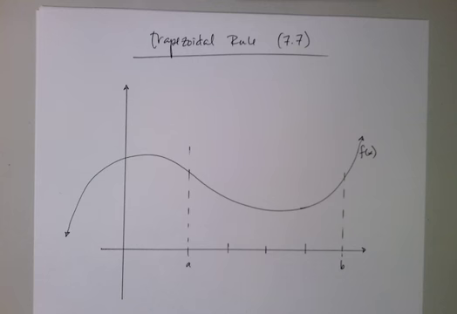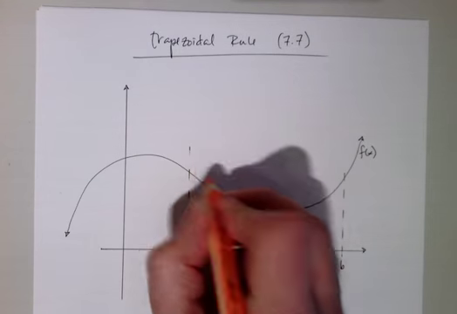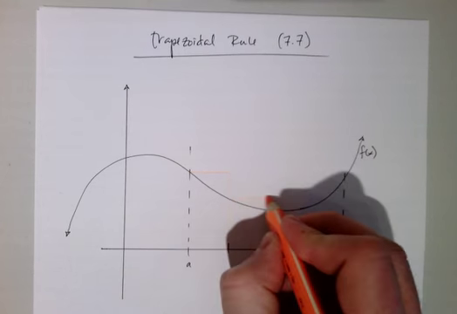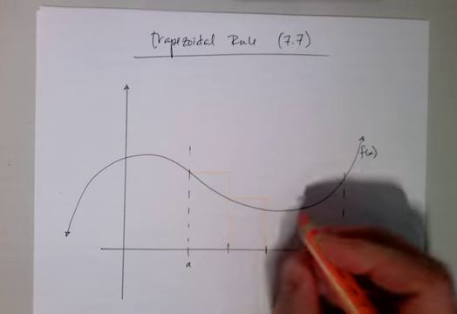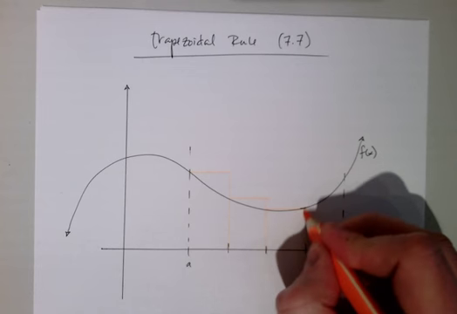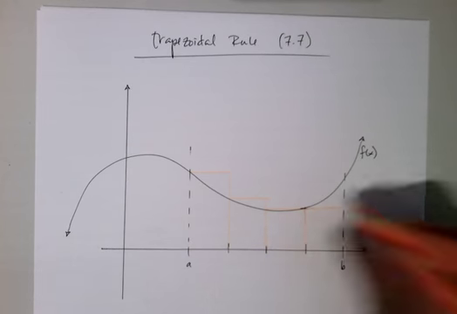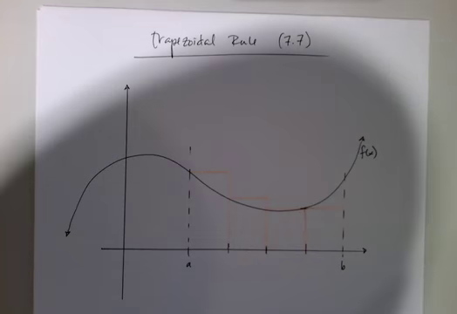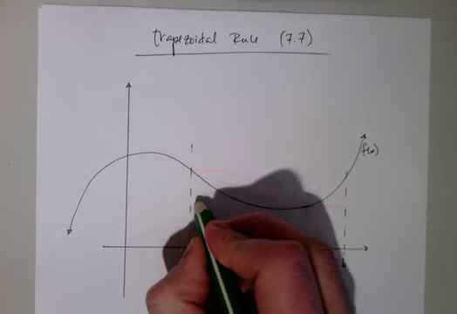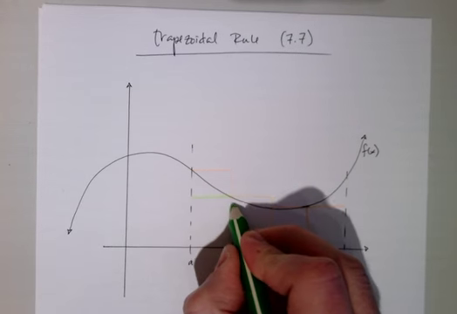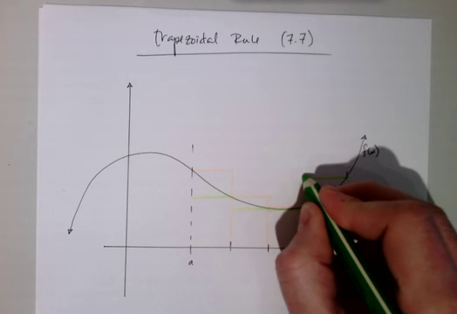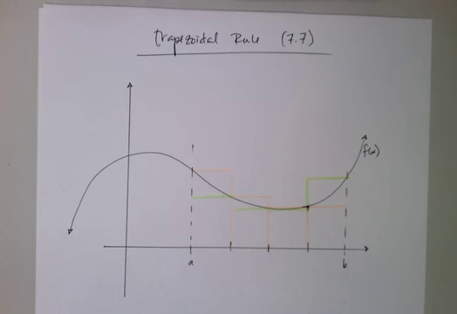So you either had a rectangle that came off like this and was justified to the function value on the left-hand side of the interval, or you had one where it was justified to the right-hand side. And so we had the left-hand Riemann sum and the right-hand Riemann sum.